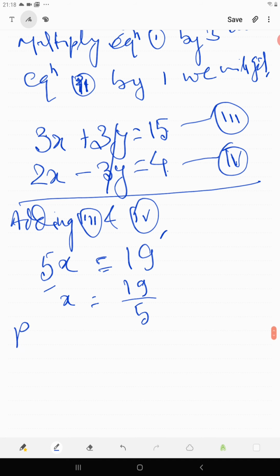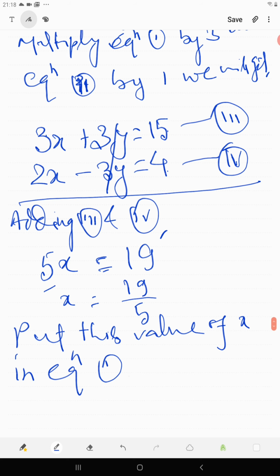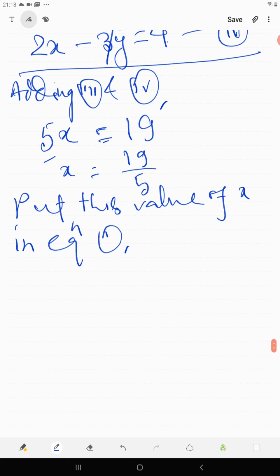Okay. Now put this value of x in equation 1. What is equation 1? x plus y equals 5. Correct? So x is 19 by 5, which we have seen.